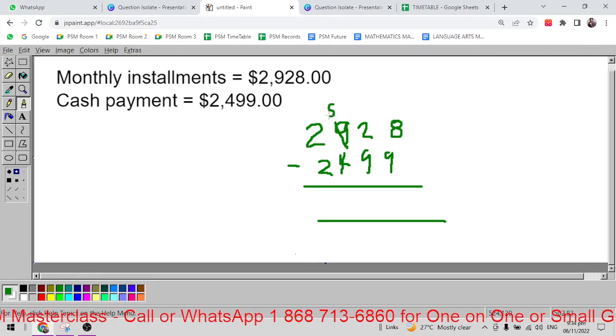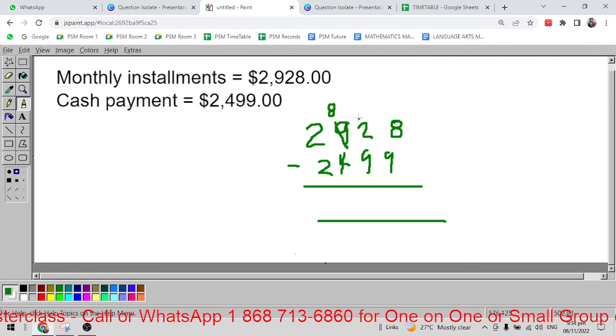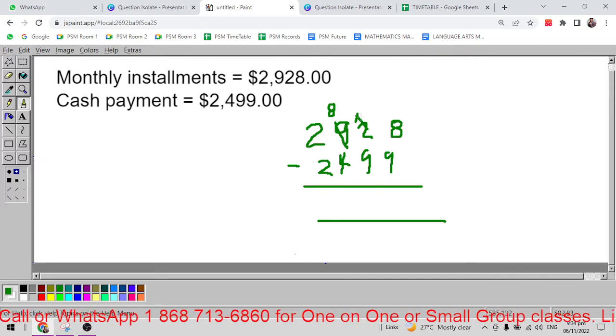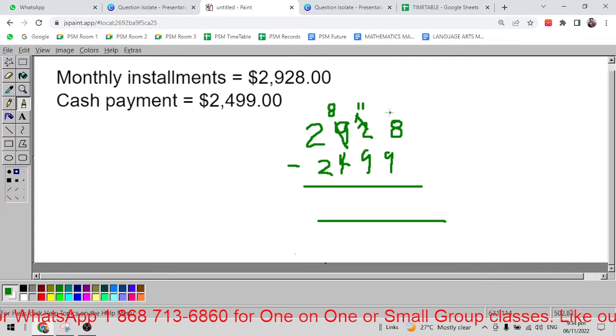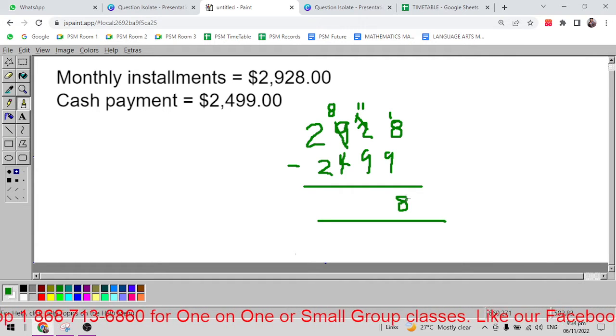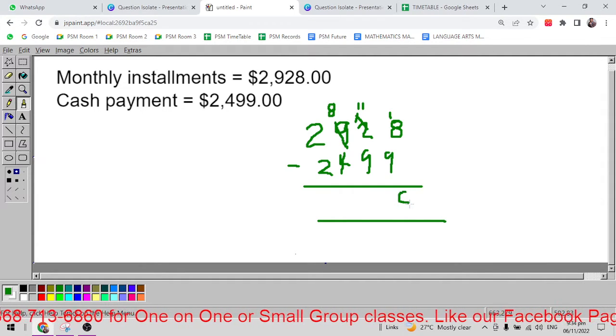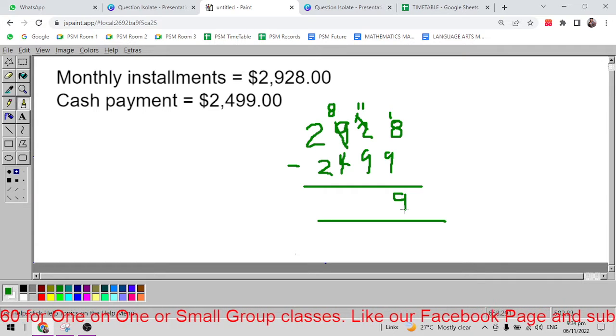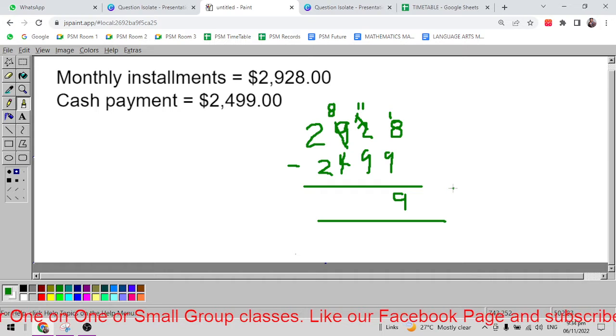Borrow 1 from this 9, we're going to get 8. Put our 1 there, that's going to be 12. We still need to borrow 1 from the 12, that's going to be 11 up here. And put that 1 here, so 18 minus 9 is going to be 9.